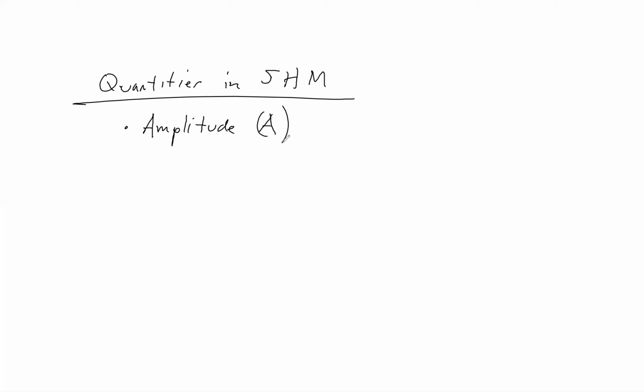That's just the maximum distance that the object reaches from its equilibrium position. It's going to go just that far one way or the other. A cycle is going to be a complete round trip. I pull it all the way to the right, I let it go and it goes to the left and back again. That's one cycle.